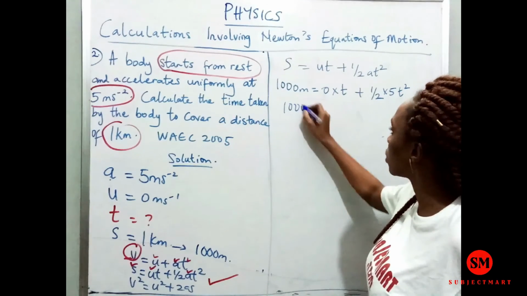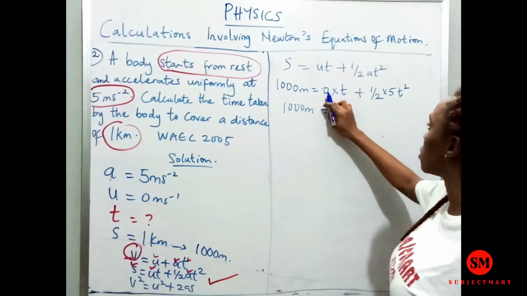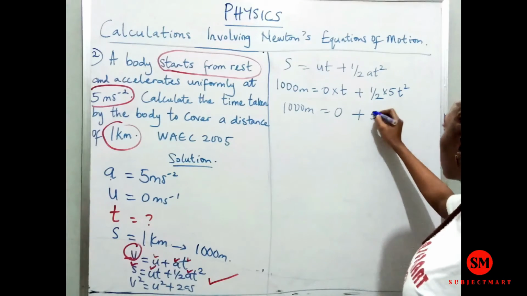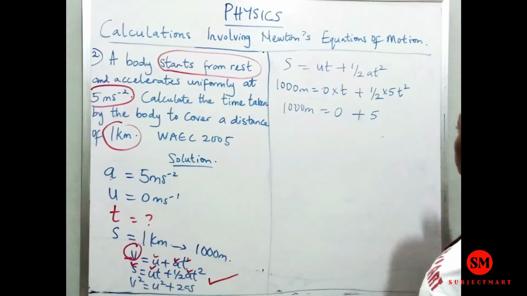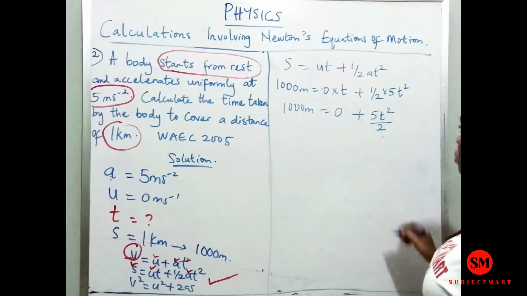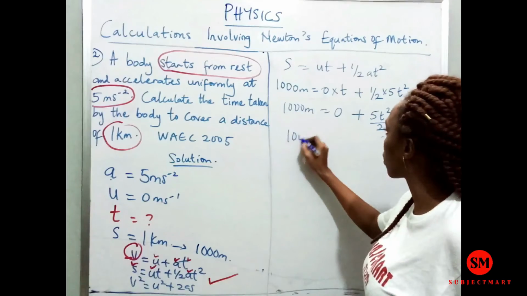So from here we have 1000 meters equals 0 times t, which gives us 0, plus 5t squared over 2.